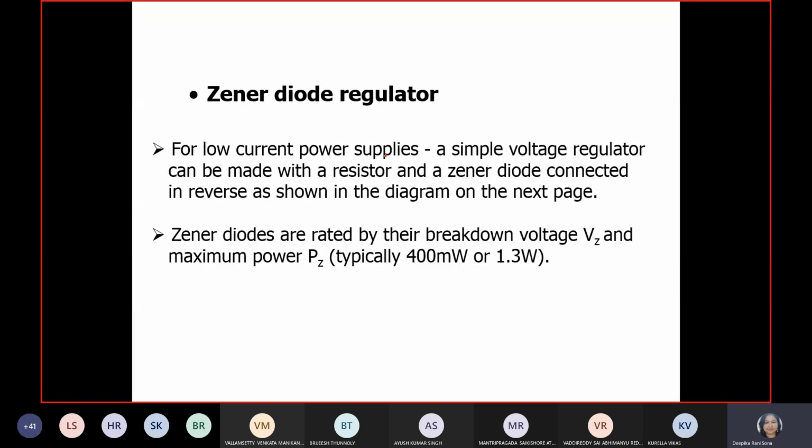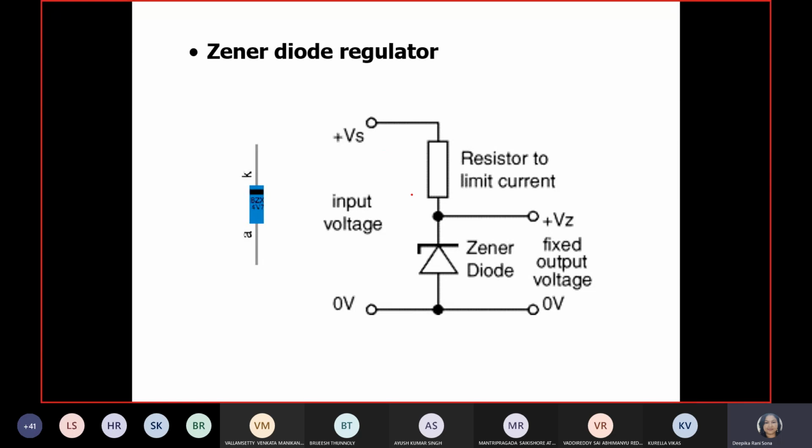Now, which device can we use to get this regulated output voltage, guys? We are going to take the help of the Zener diode. This Zener breakdown voltage property will help us get a regulated output voltage Vz, along with a resistor to limit the current.